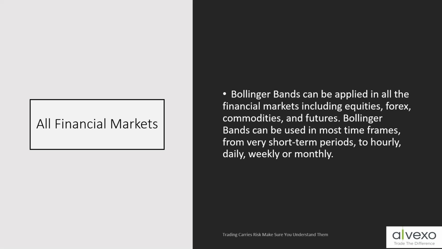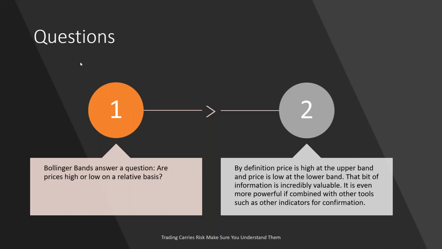So Bollinger Bands works very well for our type of trading because they adjust quickly and they will work in 5-minute charts and 10-minute charts. A lot of the indicators out there become less and less reliable in the shorter term time periods. And Bollinger Bands answers a very important question: are prices high or low on a relative value basis?